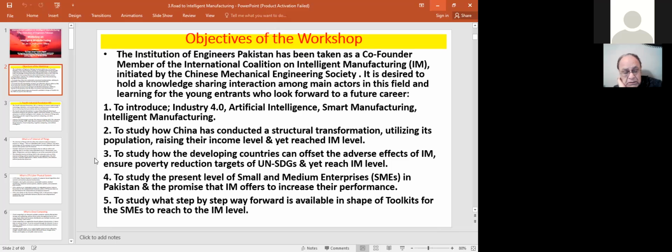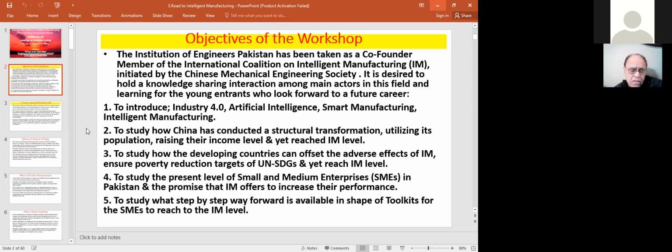So in chapter 4, we will study the present level of small and medium enterprises, that is called SMEs, in Pakistan. We have had a survey on SMEs in Pakistan, and we'll see how intelligent manufacturing can be successfully introduced into small manufacturing enterprises.